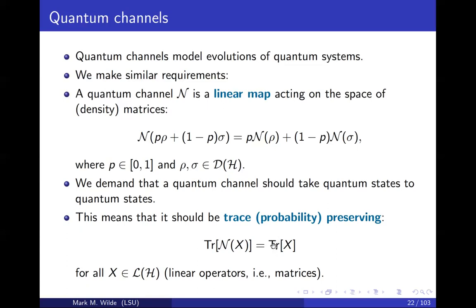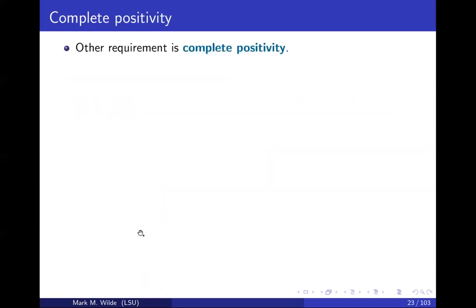So the trace of an input matrix should be the same as the trace of the channel acting on that input matrix. Okay. Another thing is something that's called complete positivity. So this is something that's unique to the quantum case. It's not of importance in the classical case, but it's very important in the quantum case. So let's describe what this means.